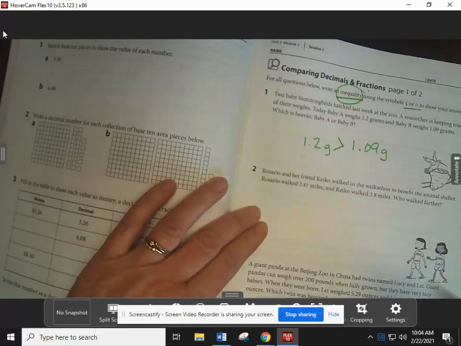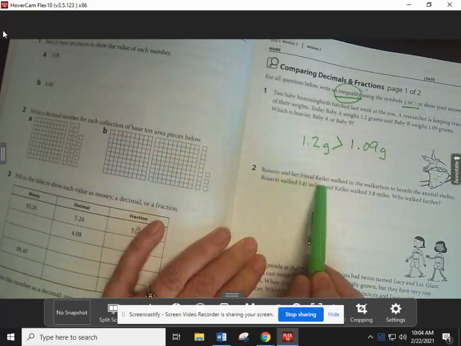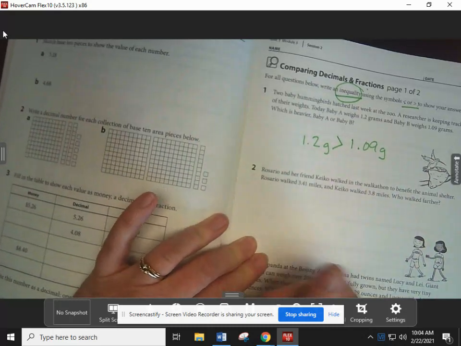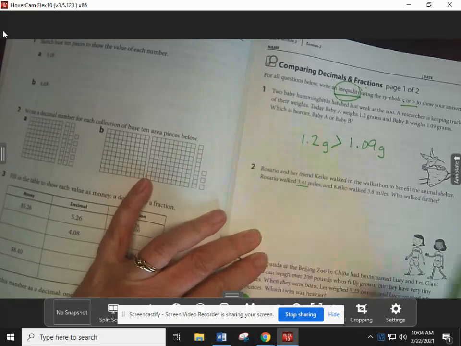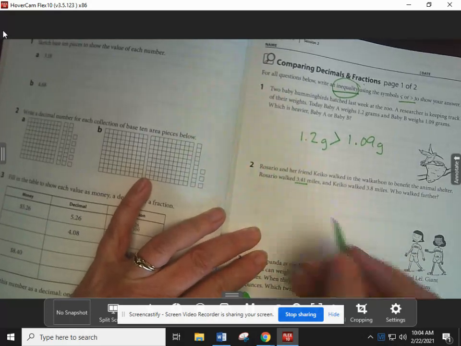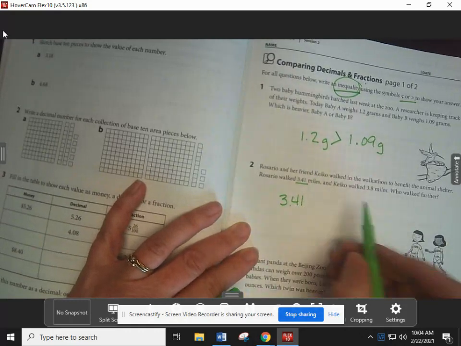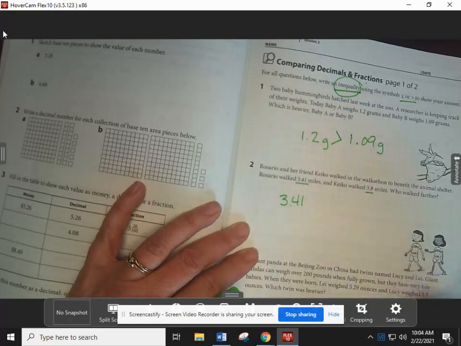Okay, looking at this one, it says Rosario and her friend Kiko walked in a walkathon to benefit an animal shelter. Rosario walked, who can pronounce that? Luke. 3 41/100 miles. And Kiko walked, who can pronounce this one?